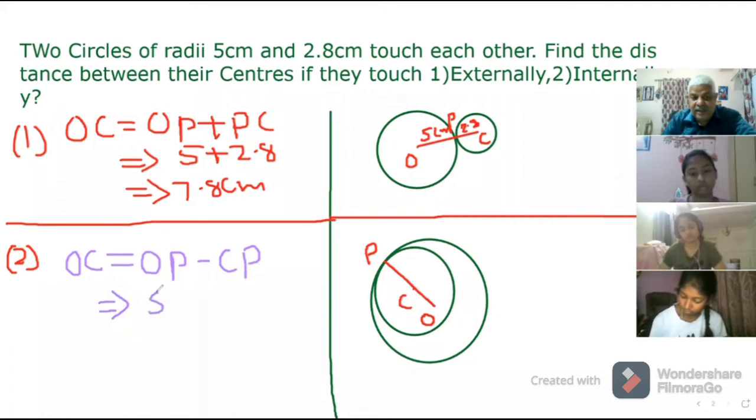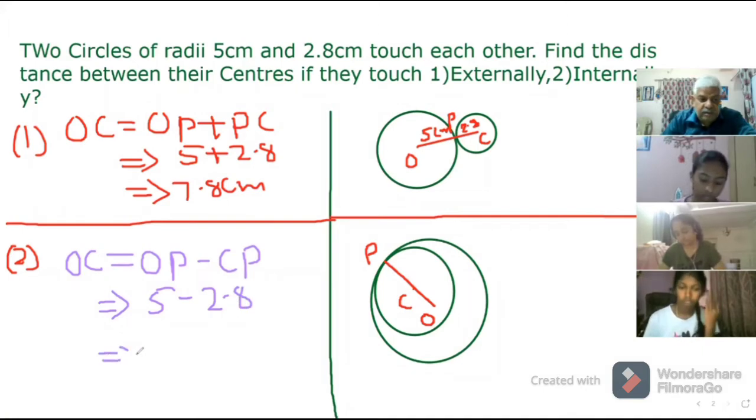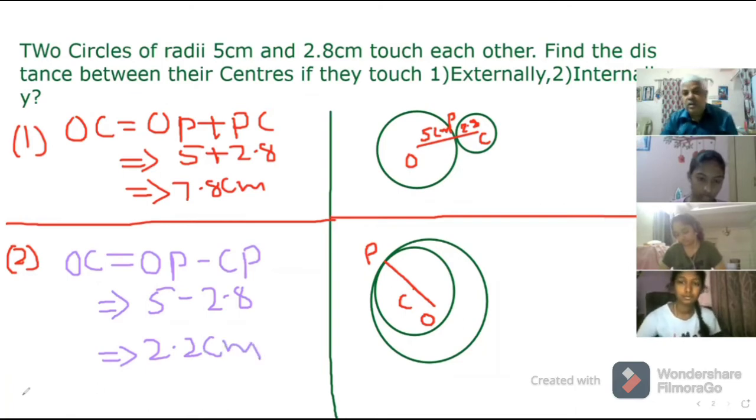That is 5 minus 2.8, which gives 2.2 centimeter. These are considered as the distance between the centers of externally touching and internally touching circles.